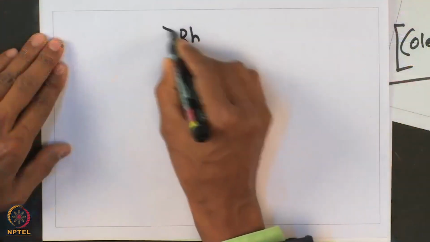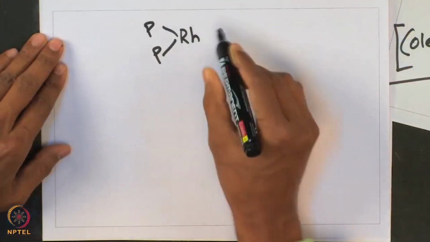Now from this sacrificial ligand, which is providing the support for the pre-catalyst, we will get a very reactive 12 electron species coordinated by just two phosphines. This phosphine coordinated rhodium complex will now be the real active species for the catalytic cycle. Let us look at that. Okay, now we have the rhodium bisphosphine complex.